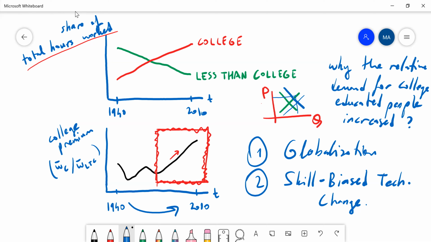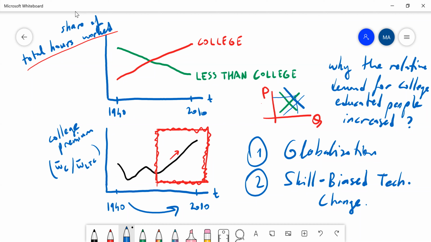So because of these two big reasons, the college premium and the share of different types of workers in the overall labor composition changed. And that was, again, also a very lively literature. It still is.